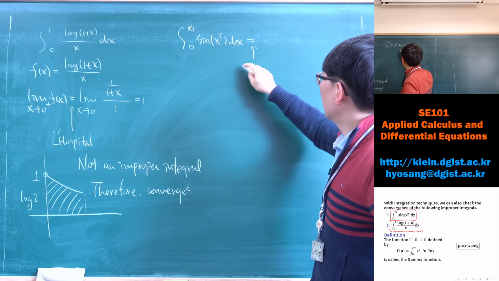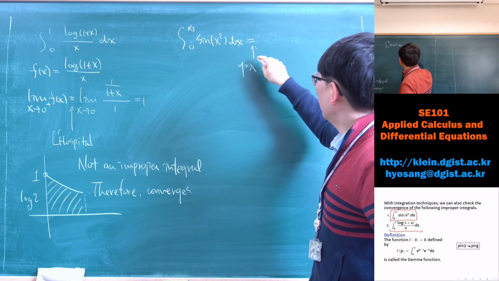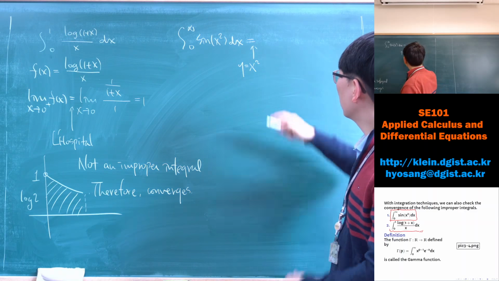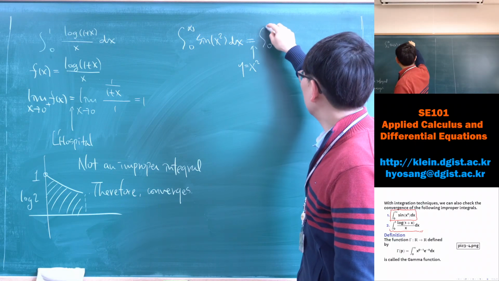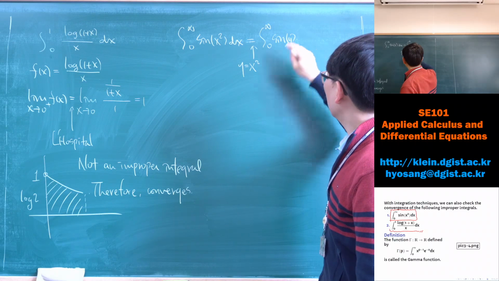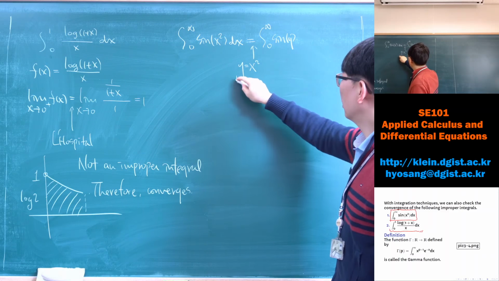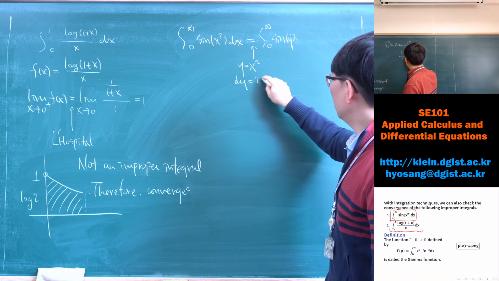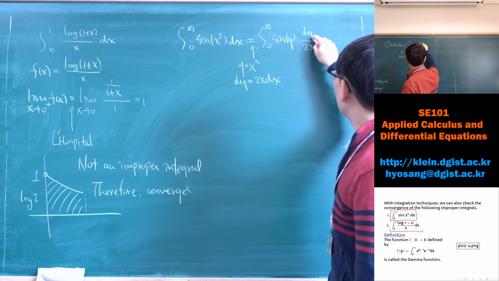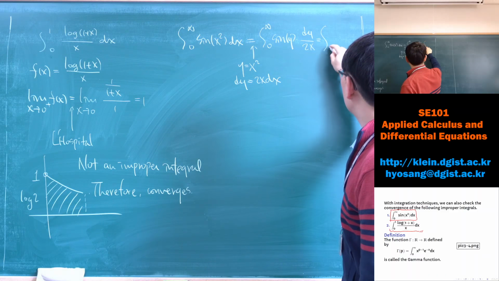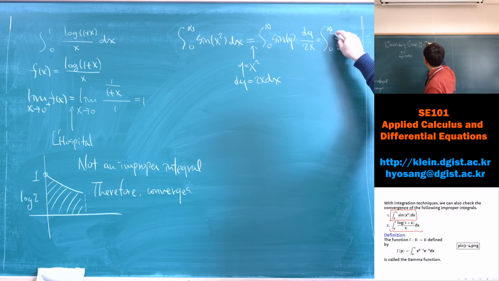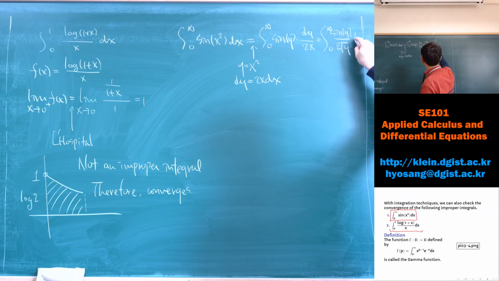So you have to substitute x squared as y, so that we get the integral from 0 to infinity of sine y, and dx becomes dy equals 2x dx, so 2x dy. If you rewrite this, then it's 2 square root of y sine y dy.